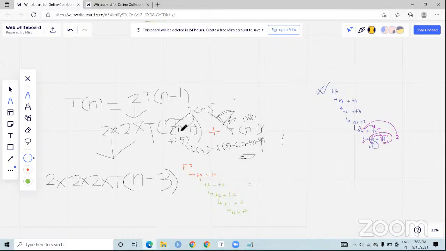In my head I think if I write f of n equals 2 into f of n minus 1, it will take theta n time, and if I write f of n equals f of n minus 1 plus f of n minus 1, it will take exponential time, I think theta to the power n.